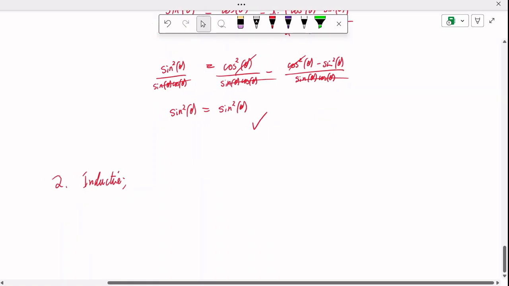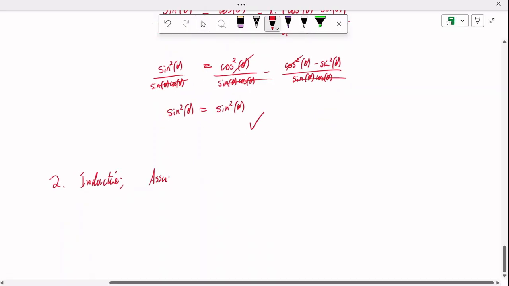So I'm going to assume that n equals k is true.